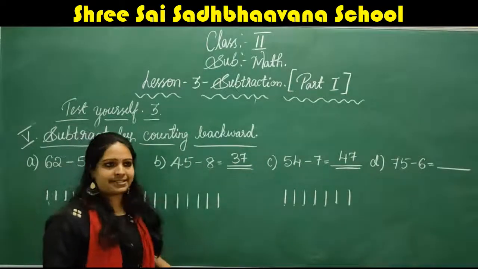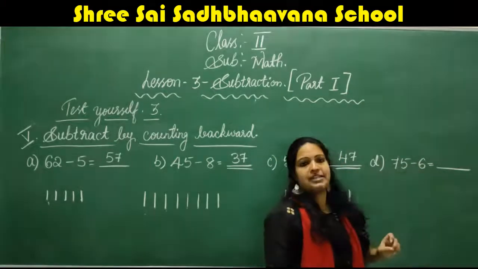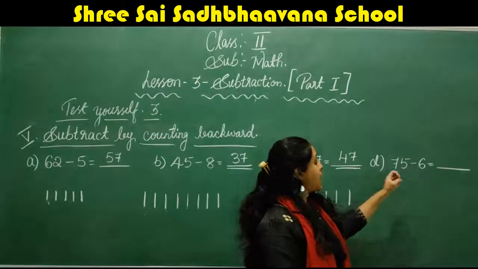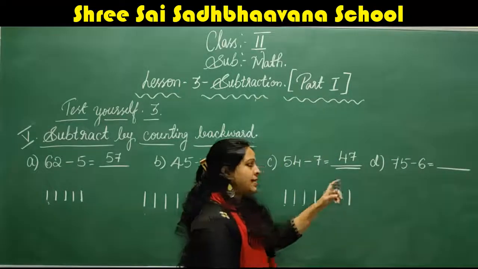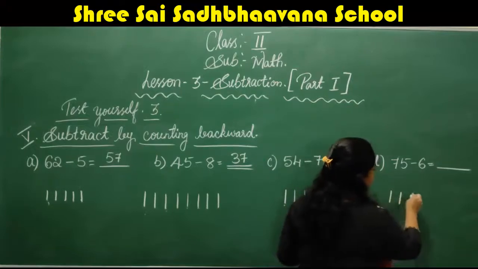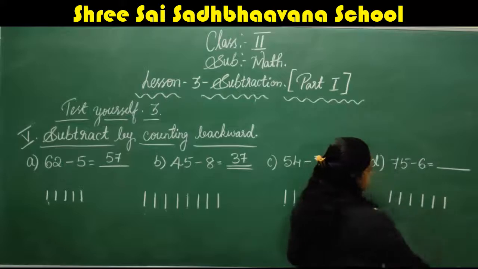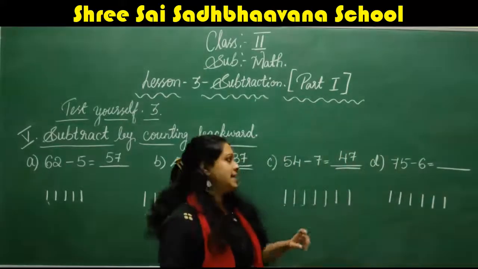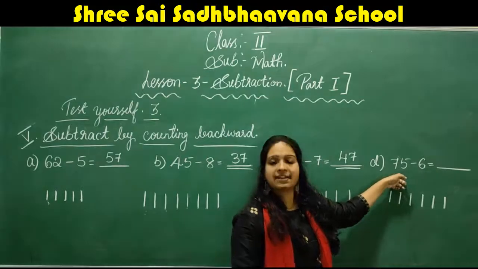Let us see one more example. Here you see 75 minus 6. Now how much do I have to minus? I have to minus 6 from 75. Okay. Now let me draw 6 lines. 1, 2, 3, 4, 5, 6. So which is the back number of 75? 74.